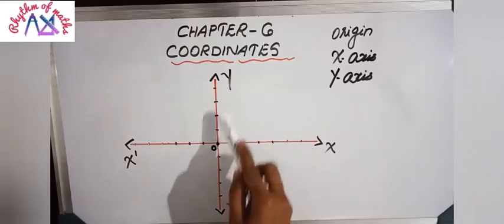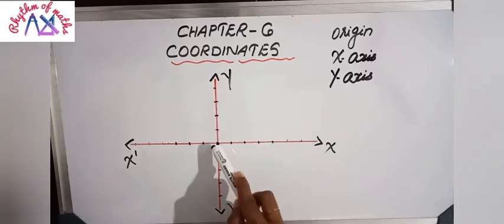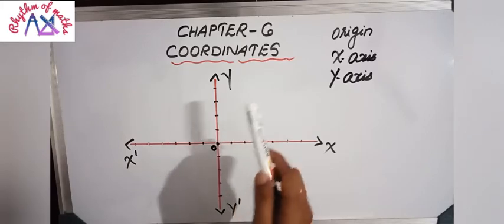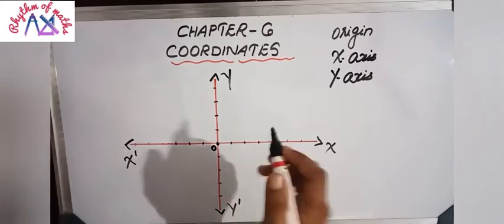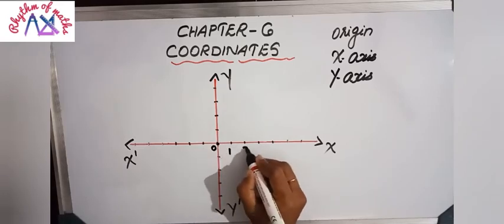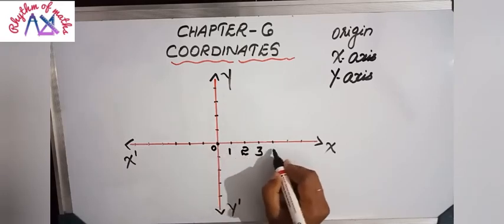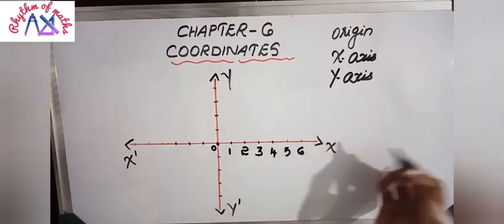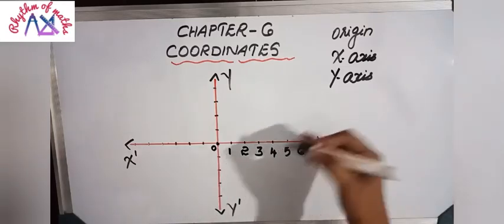From the 0 you can see 4 lines here: first line, second line, third line, fourth line. To all these 4 lines we have to give numbers. So let's start from 0. Next will be 1, then 2, 3, 4, 5, 6, etc. It is continuing. This arrow means it is endless, continuing.